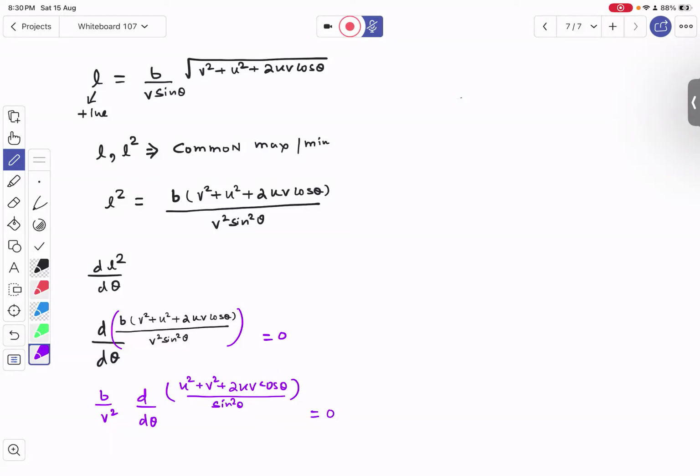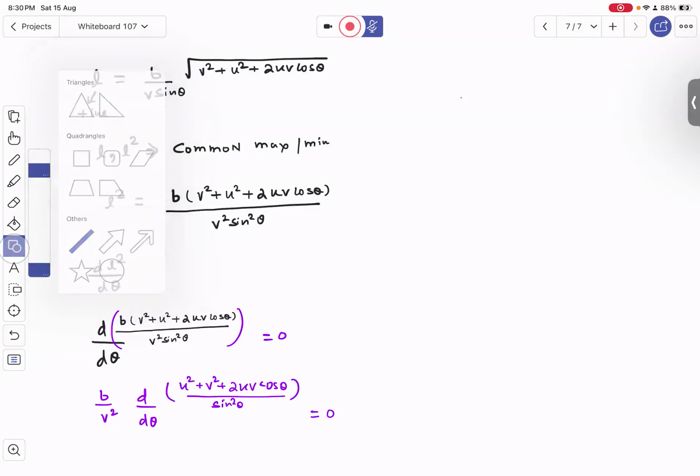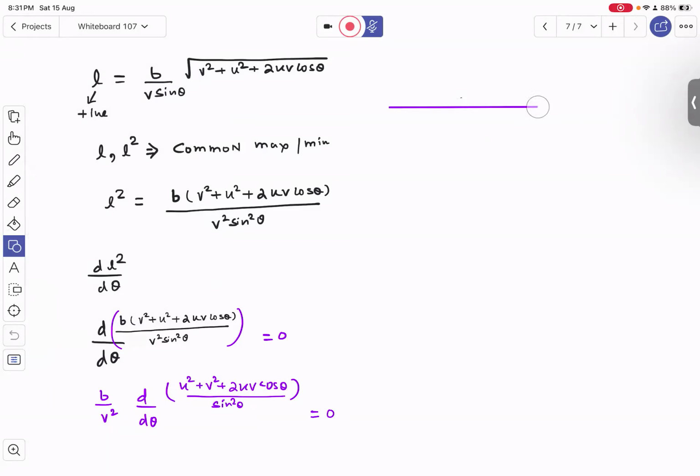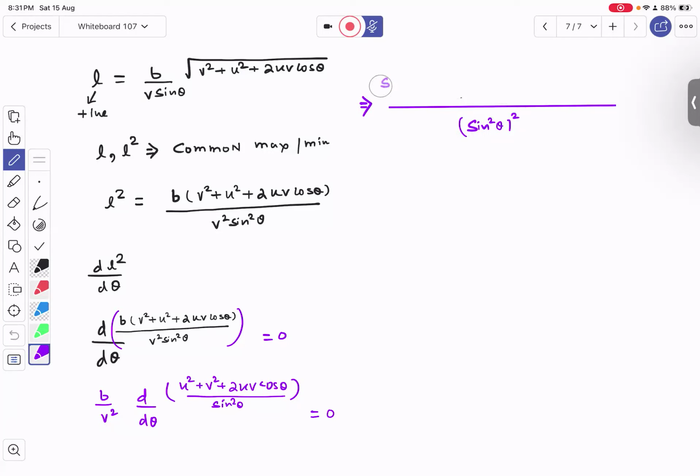So to find its differentiation, what we are going to do? We are going to use the quotient rule. Quotient rule goes like that: whatever is in the denominator, that will be squared up and will be placed up in denominator. So that will be sin square theta whole square. Then we keep the denominator as it is. We multiply it with differentiation of the numerator.